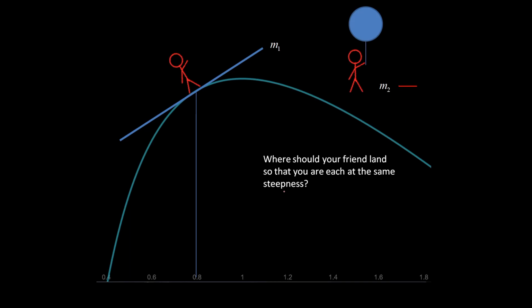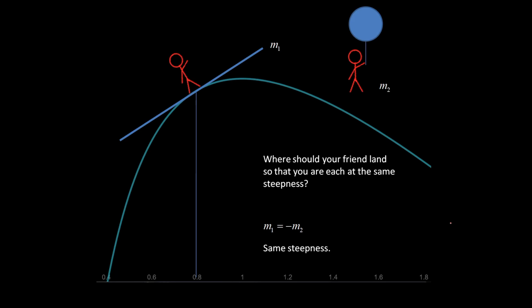So for their steepnesses to equal, we're saying that m1 is going to be the negative of m2. That will mean they have the same steepness. m1 and m2 are the same numbers. They're just going to differ by a minus sign. And that's where we're going to drop your friend. So you both have the same steepness.